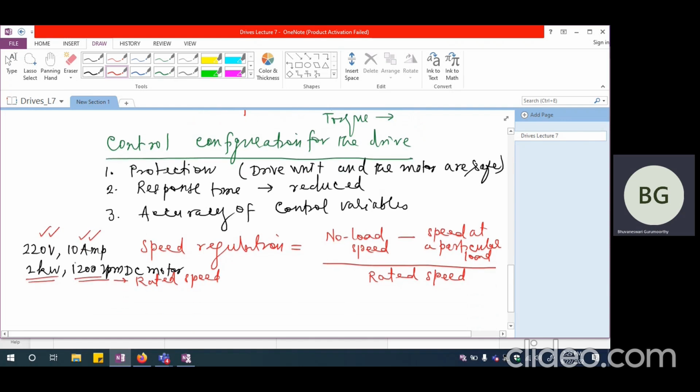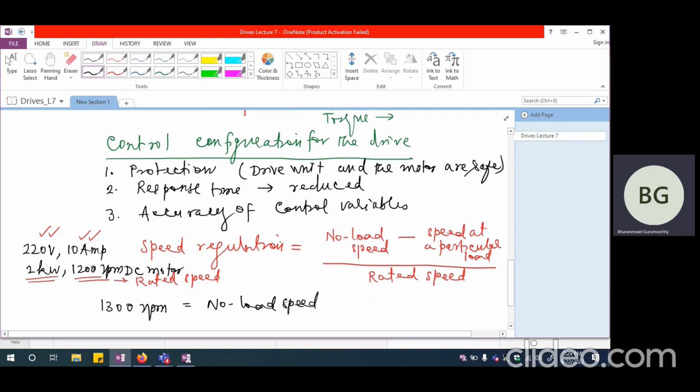So if I run the same machine at no load, in all probability, it may be running at a higher speed, something like 1300 RPM. This may be the no load speed. So what I want the motor to do is to run at a particular speed, irrespective of the load condition, irrespective of the supply fluctuation, whatever.